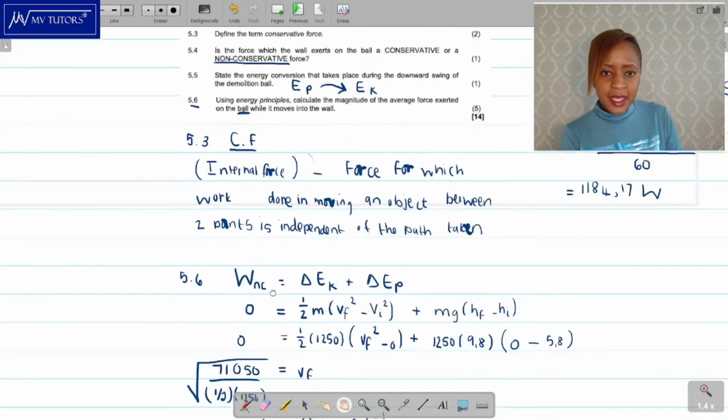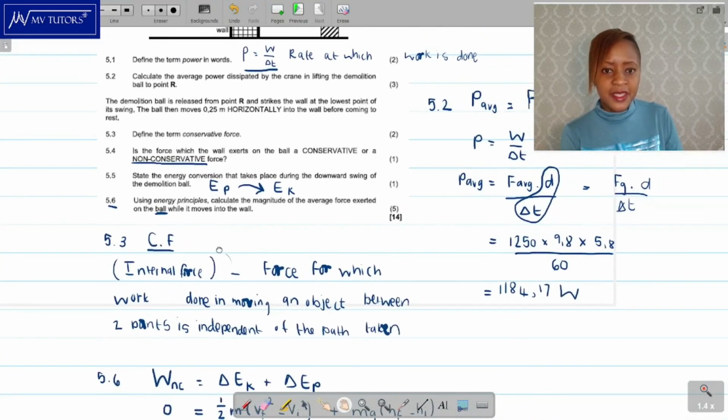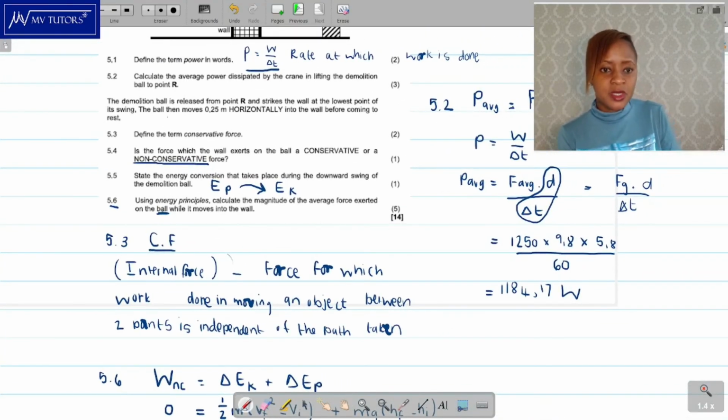They gave us more information: the demolition ball is released from point R, so that's where we know the initial velocity is 0, and it strikes the wall at a velocity of 10.66 meters per second at the lowest point of its swing.